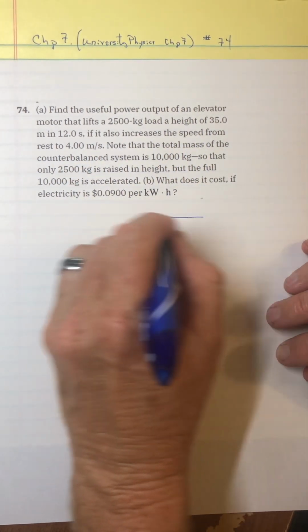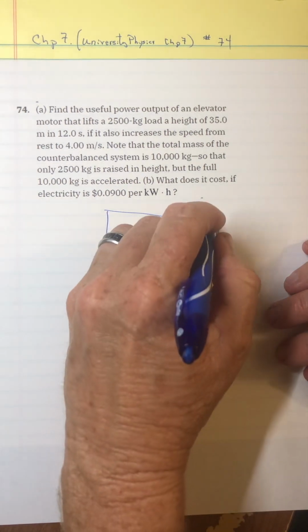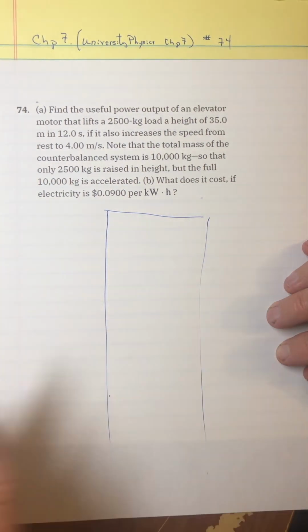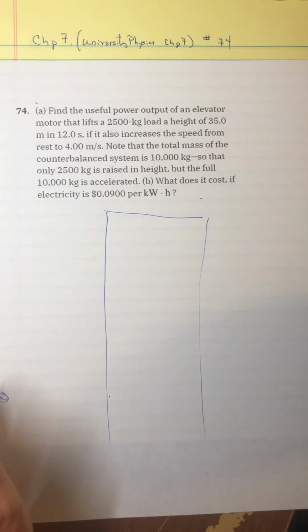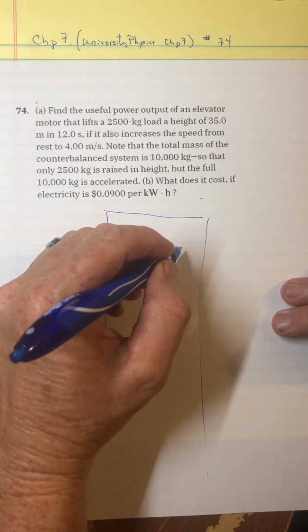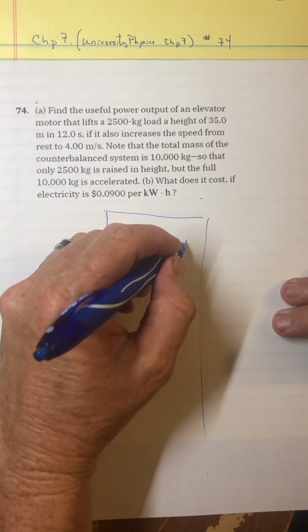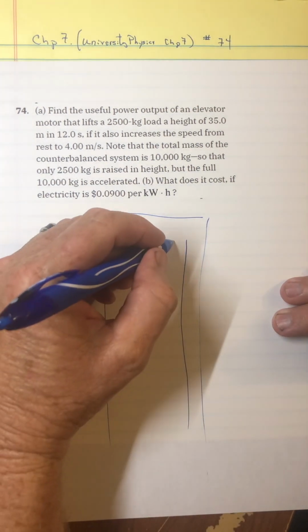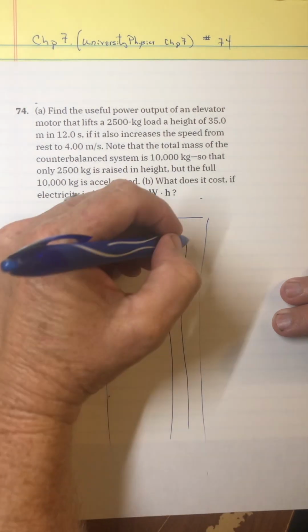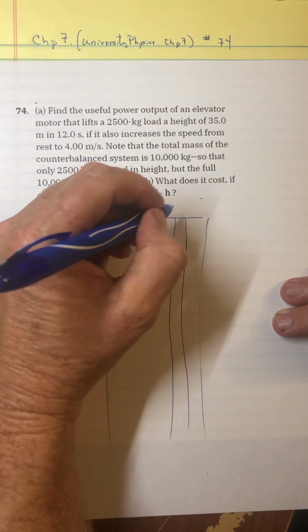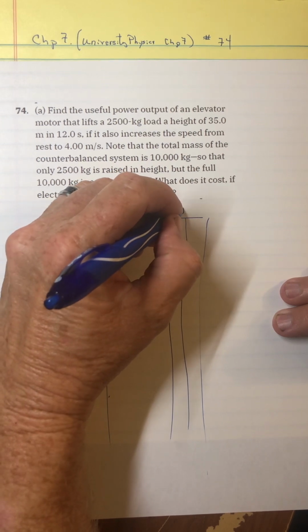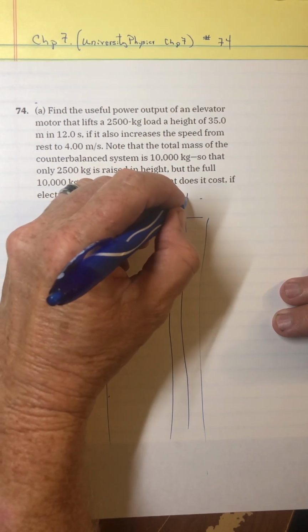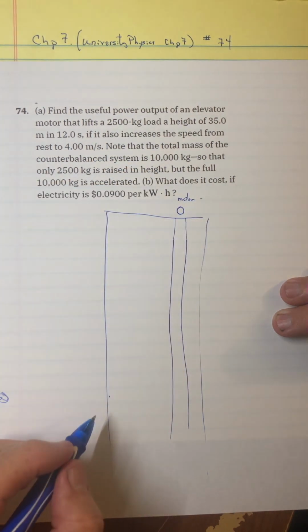All right, so if I made this big building here, and of course, at least here in Santa Barbara, we never see these real tall buildings. But if I had an elevator shaft here, somewhere in the building, put the motor up here on the ceiling or the roof.